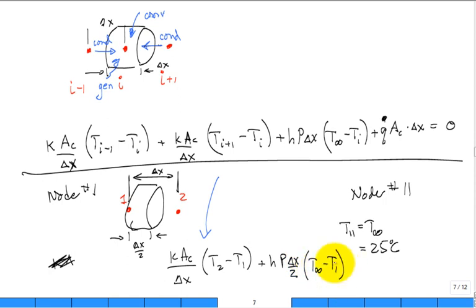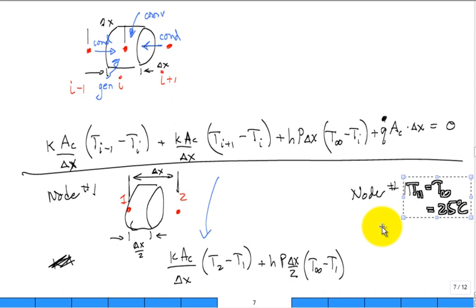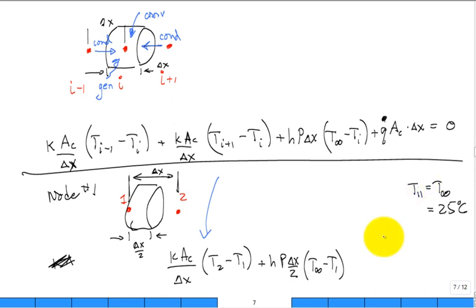I can see this stuff is now in my way, so I'm going to move it out of the way. Just not needed. And then I'll have Q dot A sub C. Is A sub C the same? Or has the conduction cross-sectional area changed? It's the same, isn't it? Times delta X divided by 2, but the volume's half. That's equal to 0. So there's my energy balance for node 1.